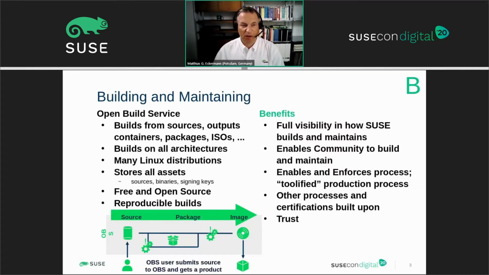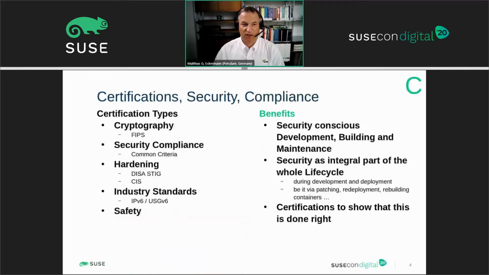I was talking about certifications just a minute ago. There are several types of certifications, such as cryptography certifications. A typical example here is FIPS 140-2, or the announced successor of this, FIPS 140-3.